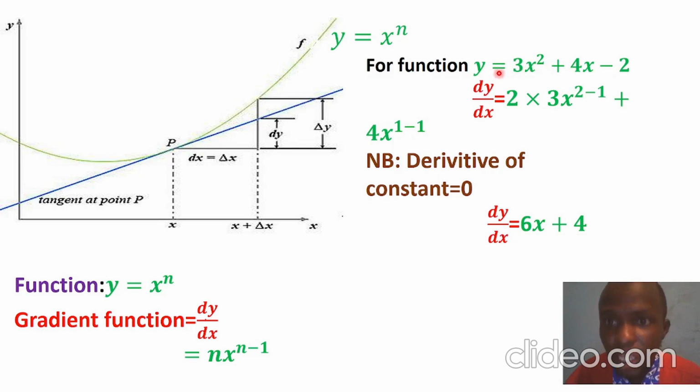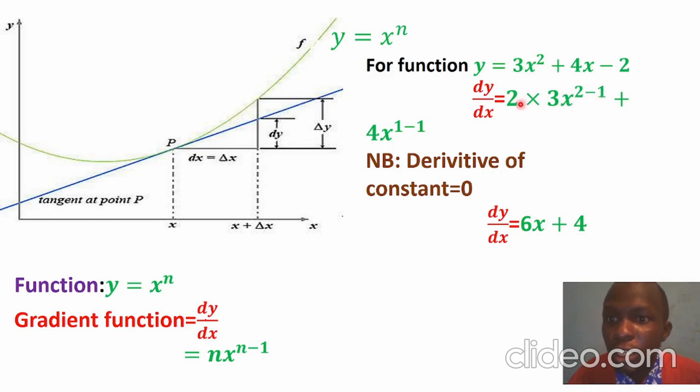The function is y is equal to 3x squared plus 4x minus 2. So dy dx is equal to, you drop this 2 here. So 2 has been dropped there, 2 times 3x. The power should be subtracted by 1, so 2 minus 1.